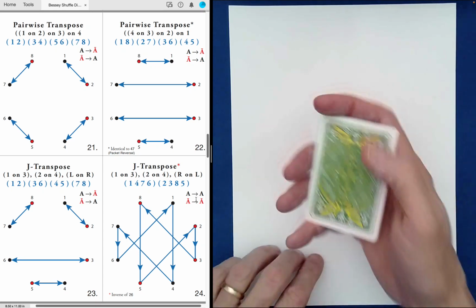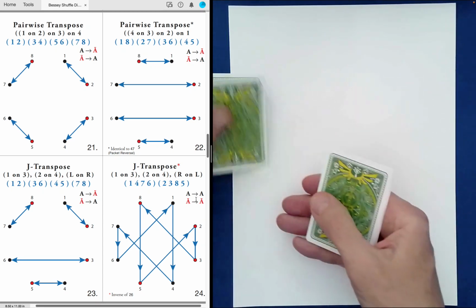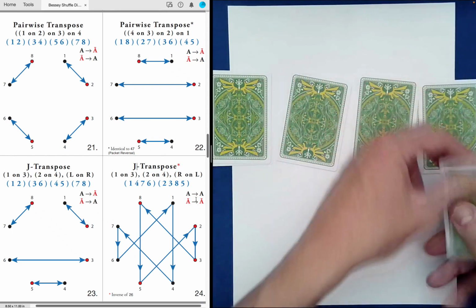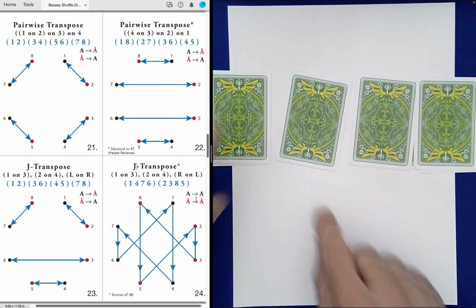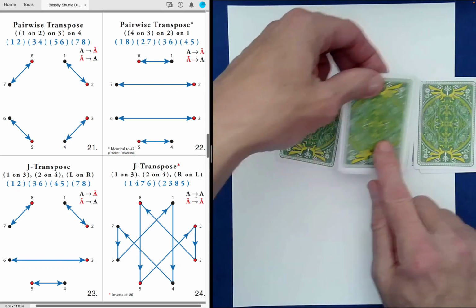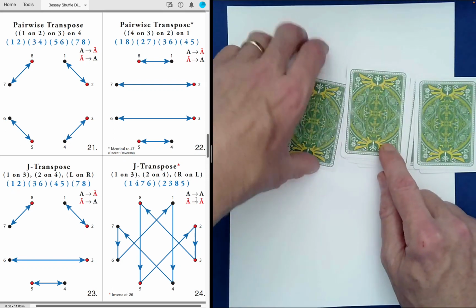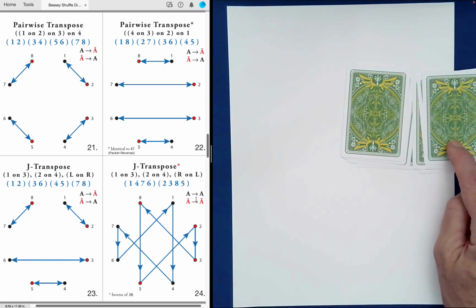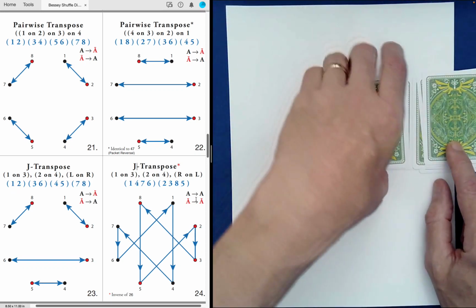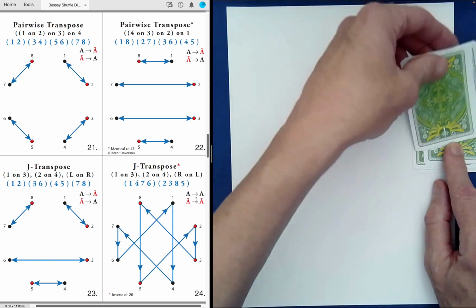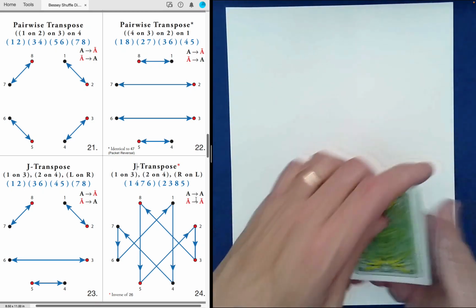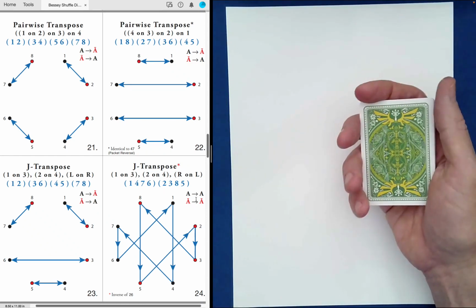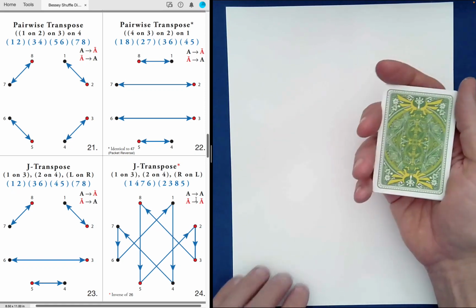Let's do 23. You go 1, 2, as always, 1, 2, 1, 2, 1, 2. And then here it's also the leapfrog. So 1 goes over 2 onto 3. 2 goes over this neighbor here onto 4. This time we're stacking left on right. If you look at shuffle 23, we're stacking left on right. So rest assured that we could perform any number of any of these today, or any of the ones that I have or will be showing you.